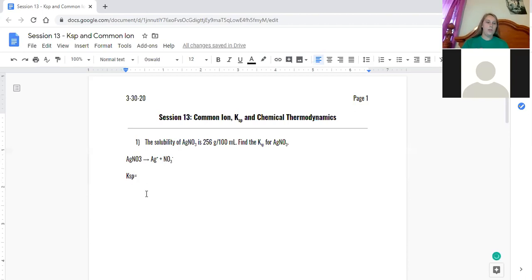So with that, we know that our Ksp equation is going to be the Ag plus times our NO3 minus.